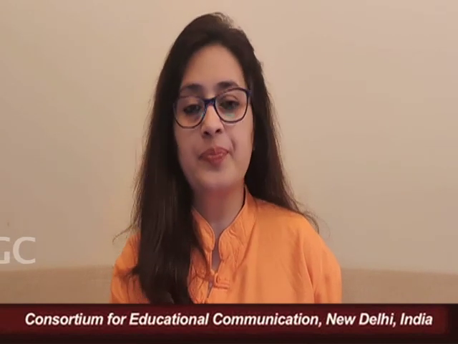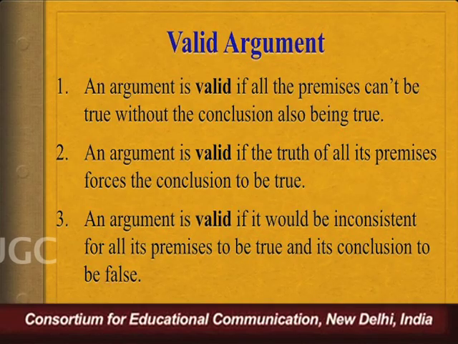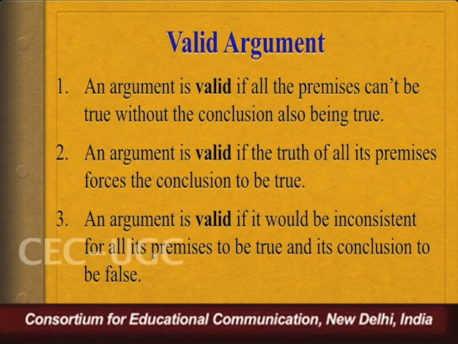These are: Number one, an argument is valid if all the premises can't be true without the conclusion also being true. Number two, an argument is valid if the truth of all its premises forces the conclusion to be true.